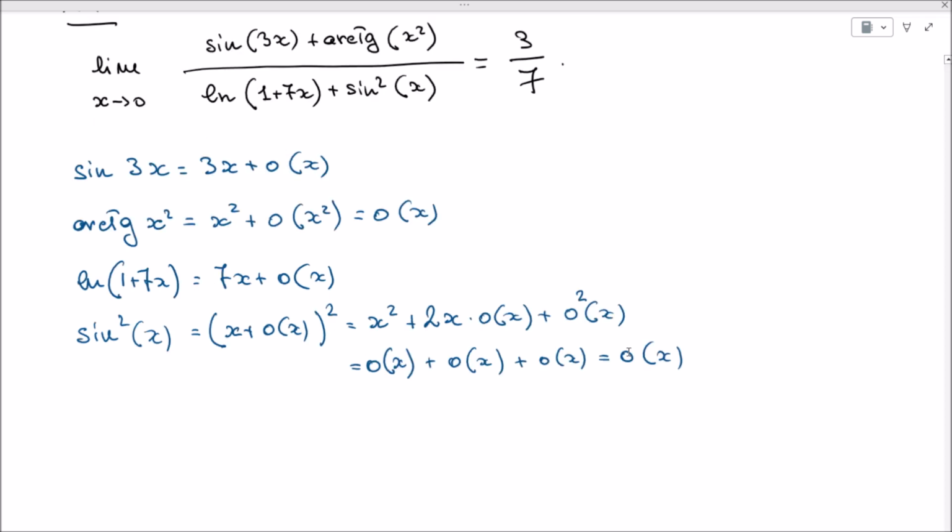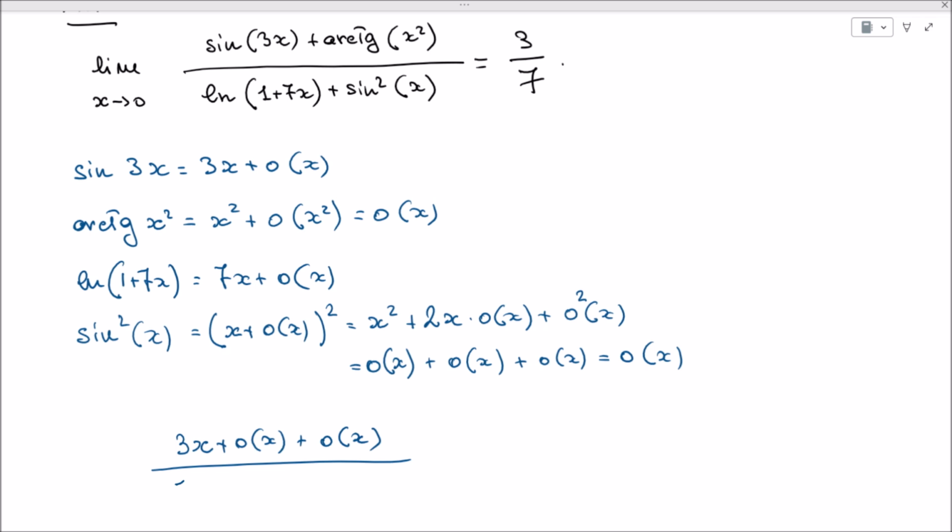And now if we go and replace these expansions at the numerator, sine of 3x will leave 3x plus little o of x. Arctangent of x squared again is going to give me little o of x. The logarithm will give 7x plus little o of x, and sine squared will leave me with little o of x.